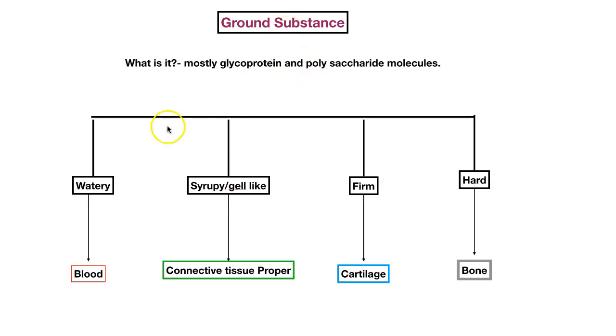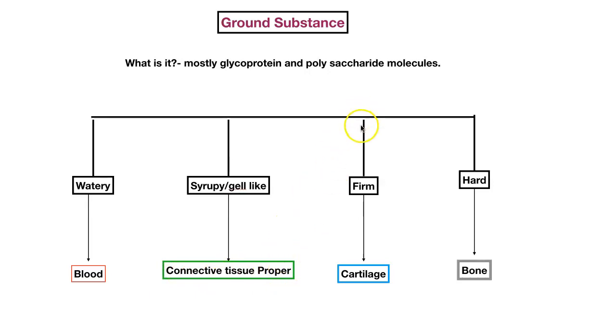If that ground substance is liquid, a liquid or watery ground substance, that will give us our blood connective tissue. If that ground substance is syrupy or gel-like, it's going to give us this big category that we call connective tissue proper.